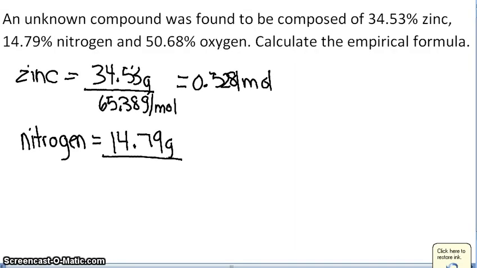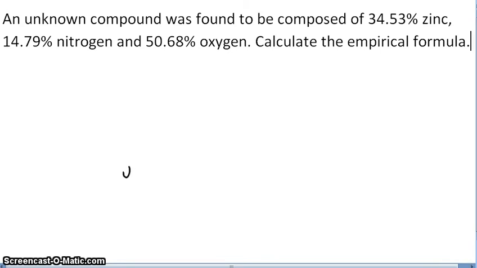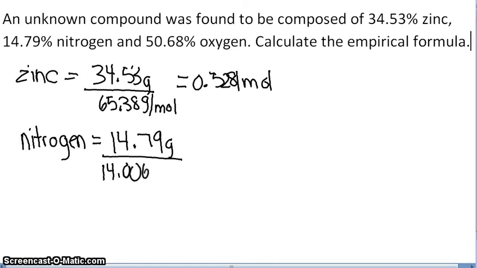So you divide 14.79 grams by 14.0067 grams per mole, and you get that nitrogen has 1.0559 moles.